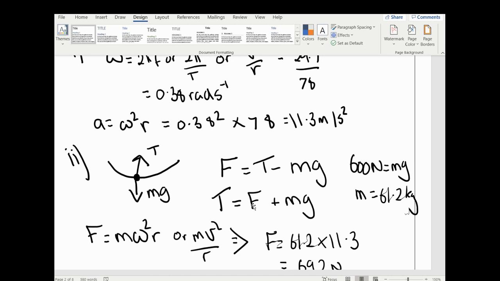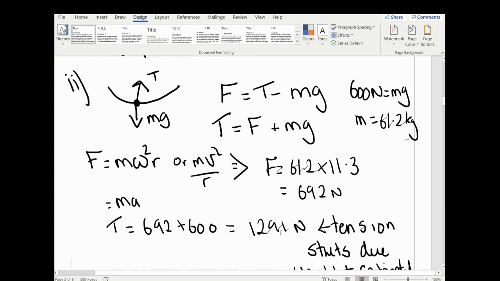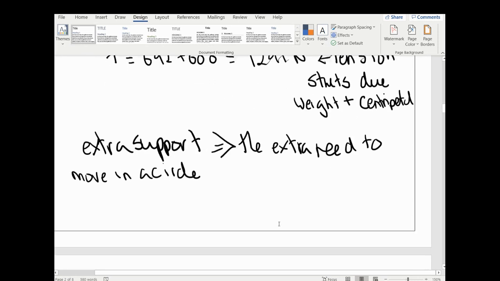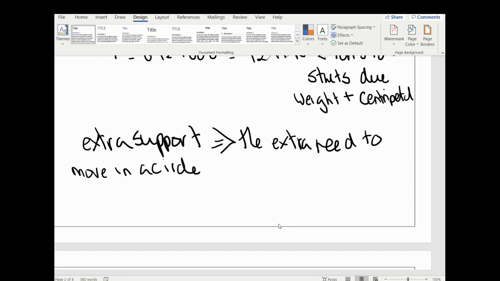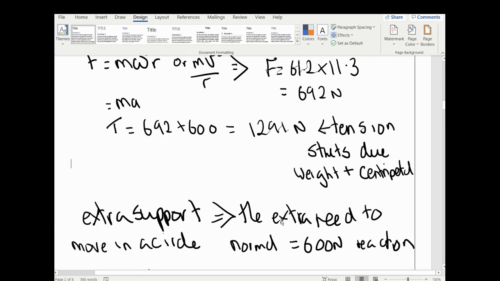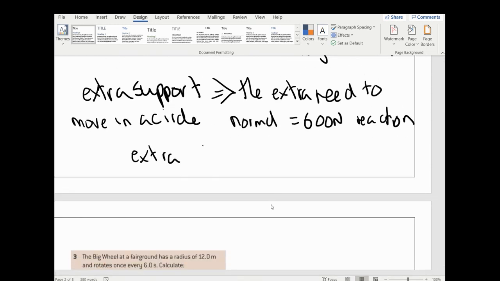But there is some extra force that's required to not only keep it there, but also move it in the circle. So the normal, you need 600 newtons as your reaction. The extra force is the centripetal force, which is 692 newtons.